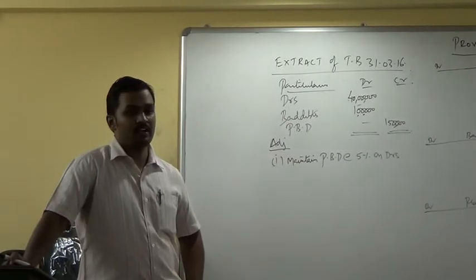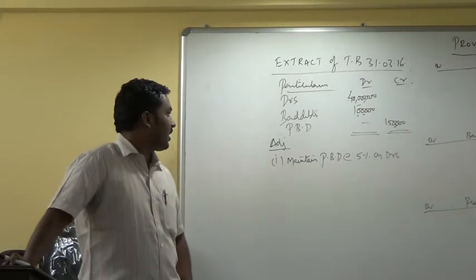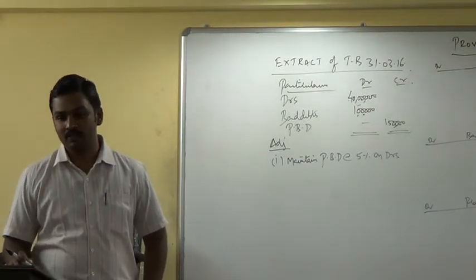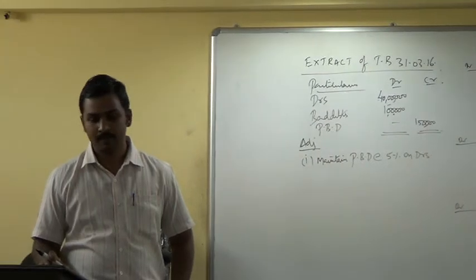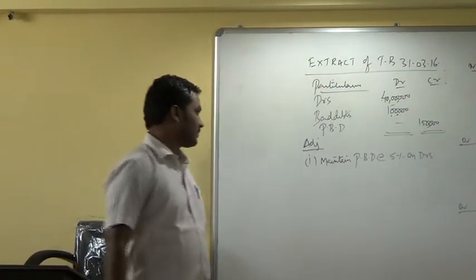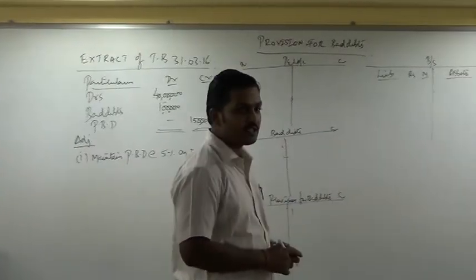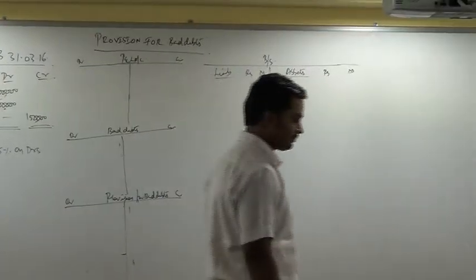Bad debts showing a debit balance of 1 lakh. And provision for bad debts showing a credit balance of 1,50,000. Adjustments. Maintain provision for bad debts at the rate of 5% on debtors.